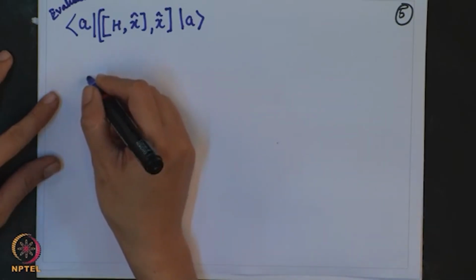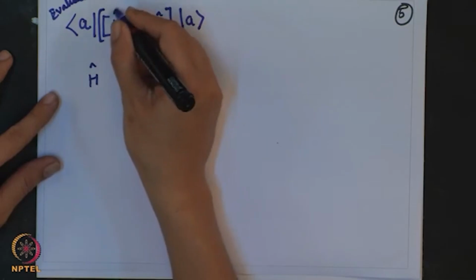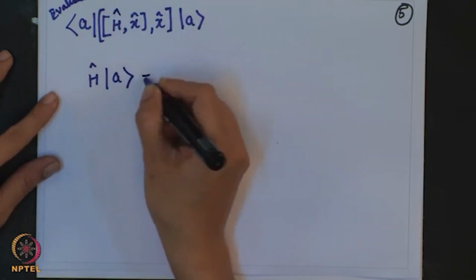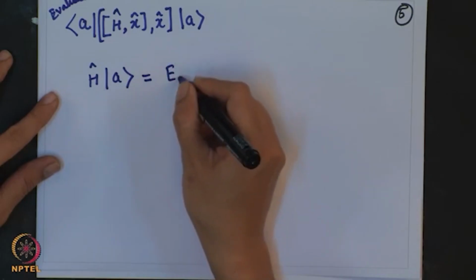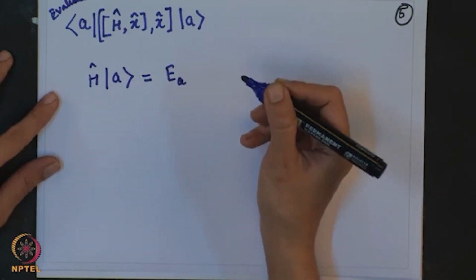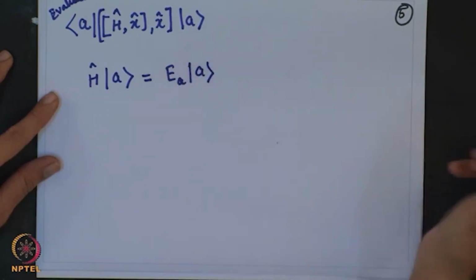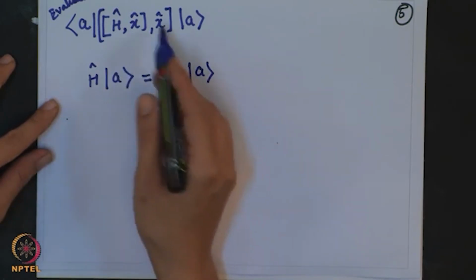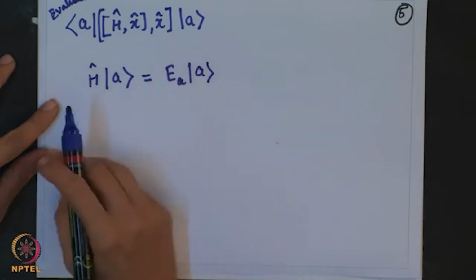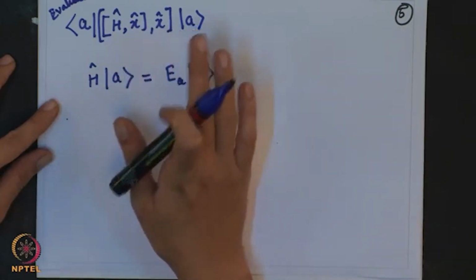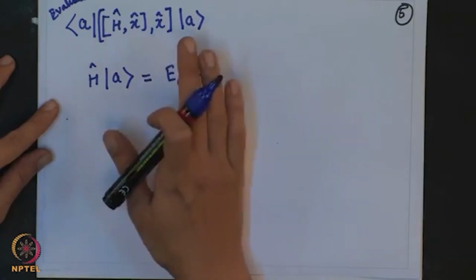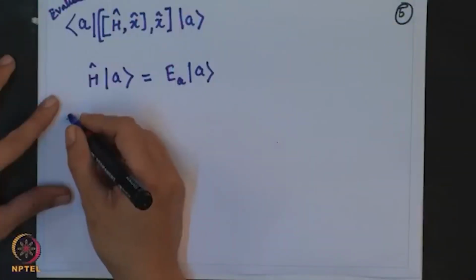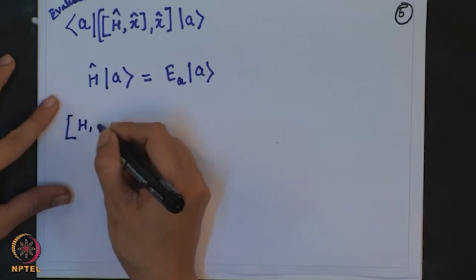We know here that when the Hamiltonian operator is operated on the eigenket, we get the energy eigenvalue E_a and the ket. This is one thing. Another thing is that when I write this commutator, I am not using the commutator relation, because I want to operate these operators on the eigenket.